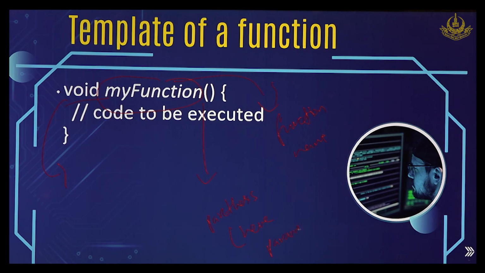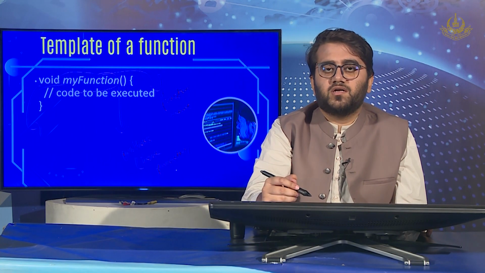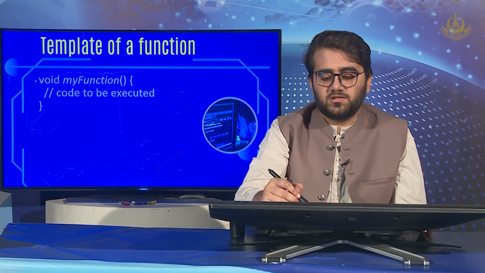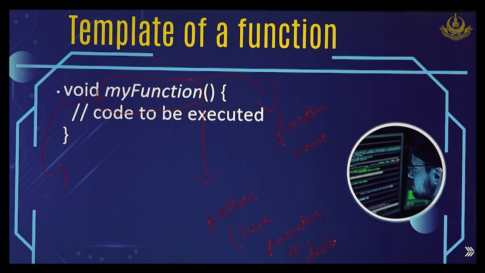If we are just declaring the variables, then they are called parameters. However, if we are actually giving them values when the function is called, then we call them arguments.